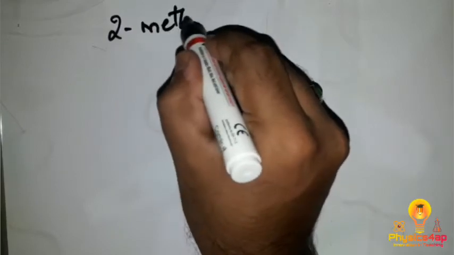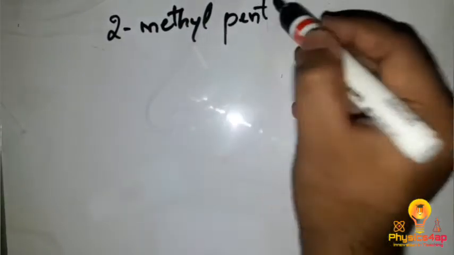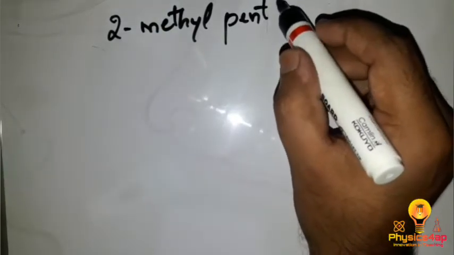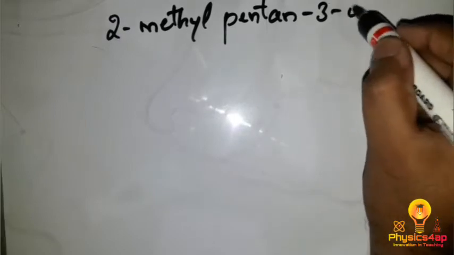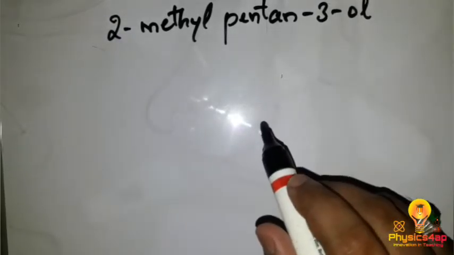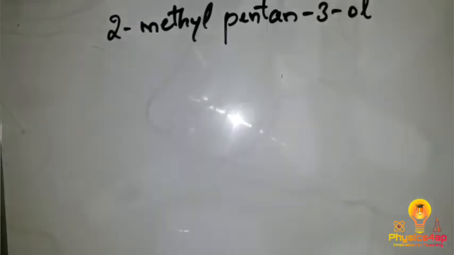So let's give another example. Let's go for another example: 2-methylpentan-3-ol.